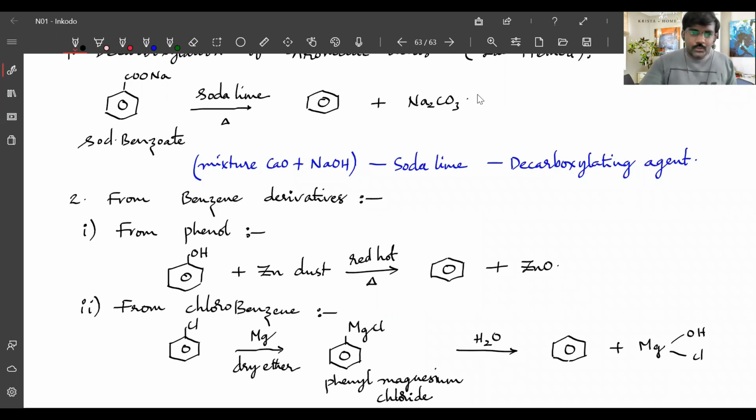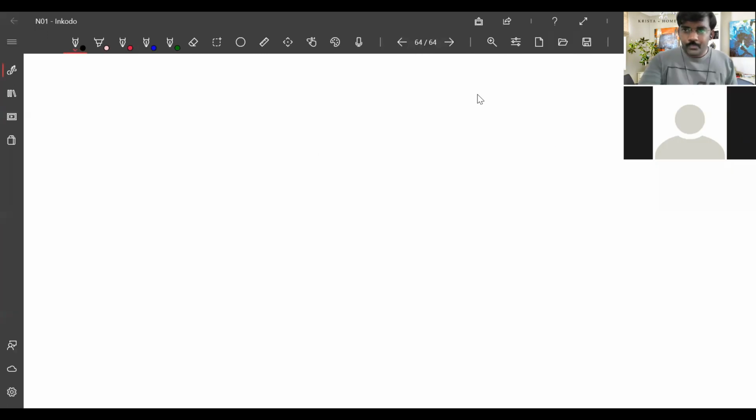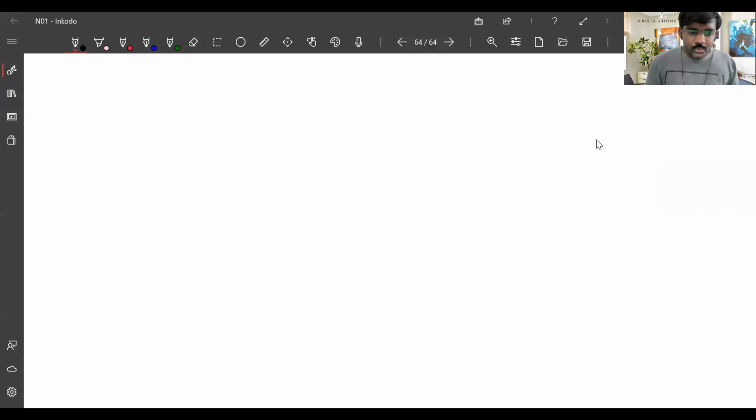So this is another benzene derivative I took. Now I'm going to take a third benzene derivative. This time I'm going with benzene sulfonic acid.